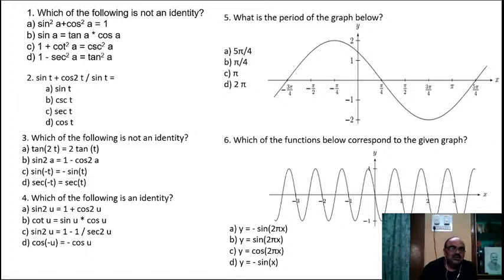Third question. Which of the following is not an identity? Which amongst these is not an identity? Just see, and please understand, the second option is sin square a is 1 minus cos square a, sin of minus t is minus sin t, secant of minus t is secant t. So all these three are identities, whereas this is not.